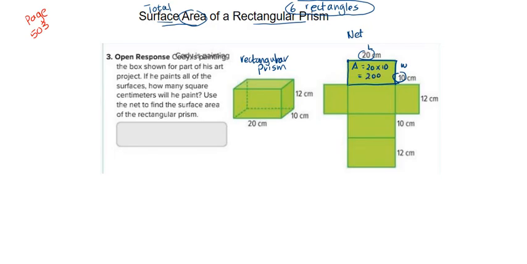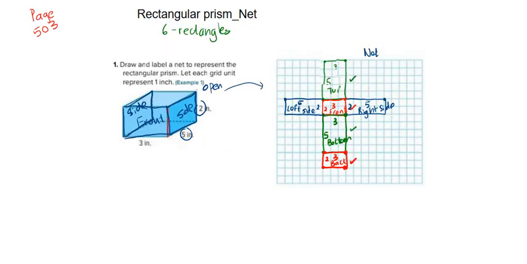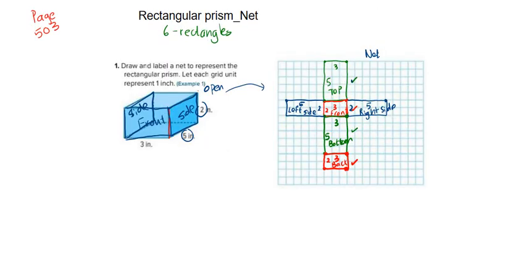So when I'm working out total surface area, we know that in the rectangular prism, remember we said that there are 2 pairs. Every rectangle has a matching rectangle. If you go back to the previous question, you can see the top rectangle had the same dimensions as the bottom rectangle, and the front rectangle was the same as the back rectangle, and the left side was the same as the right side.